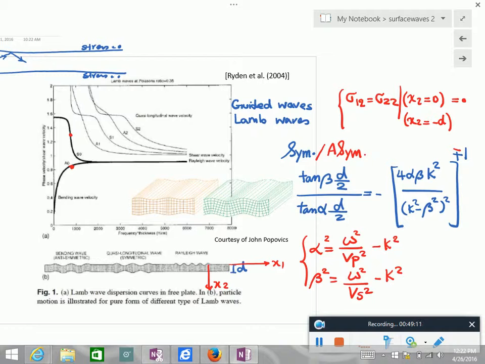When you explore this plot, you see a set of asymmetric, symmetric, and asymmetric modes, and they happen most of the time at the same time. The Rayleigh wave is only one special case where the frequency is so high that only one surface is affected. If the frequency is lower, then this wave is affecting the entire thickness.